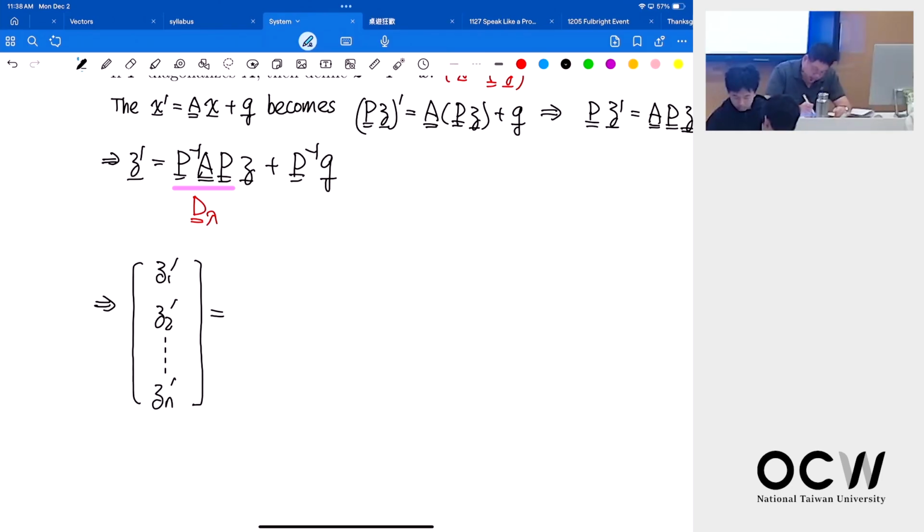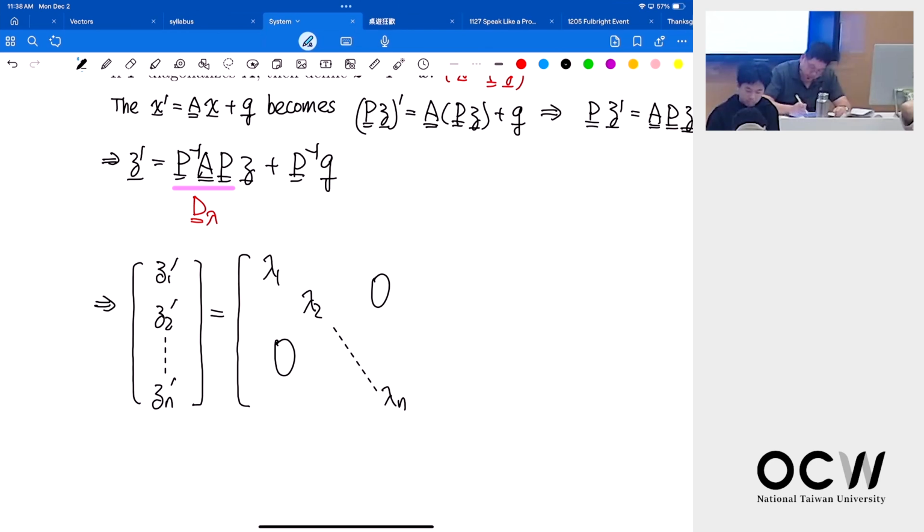And the diagonal matrix D has lambda 1, lambda 2, to lambda n, and the off-diagonals will be 0, times z1, z2, to zn.